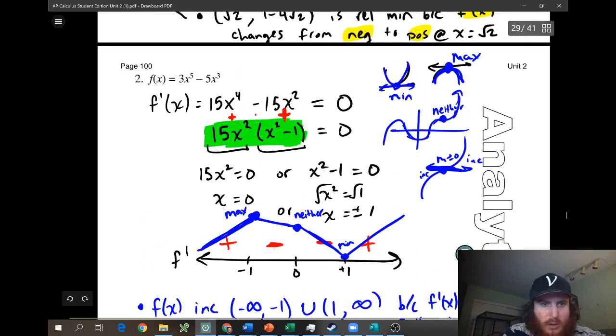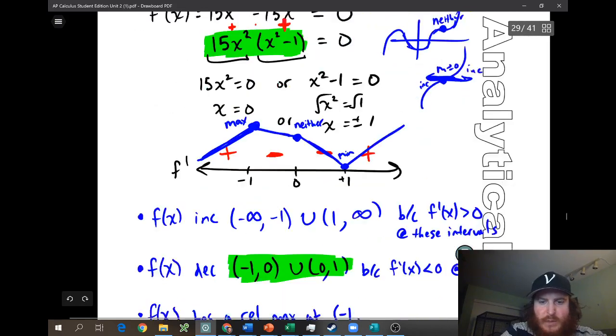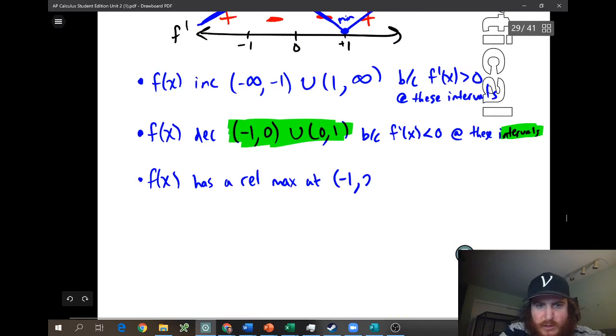So for the -1, we need to plug that into the original, right? So f of -1 is 3 times -1 to the 5th minus 5 times -1 cubed. And we get 3 times -1 is -3 plus 5, so we get +2. So -1 comma 2 is our maximum point. That's the maximum value. Why?